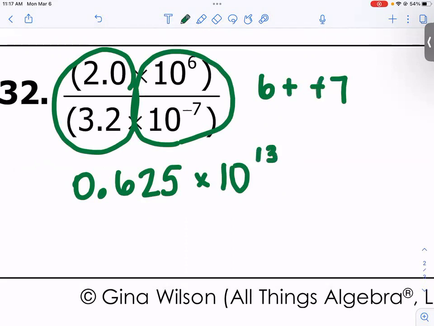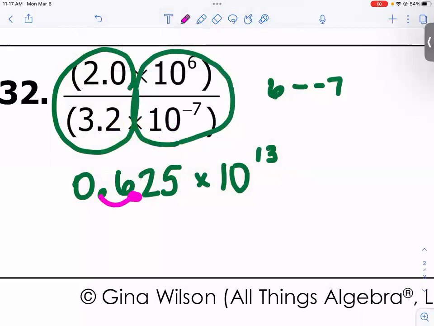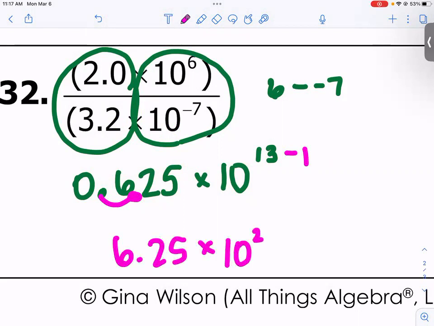Keep change, that would turn to 6 plus 7. Remember you have your calculator, so you could always put it in your calculator. Now, we would have to move this 1 to the right, which means we would have to adjust and get smaller with our exponents. So we have 6.25 times 10 to the 12.